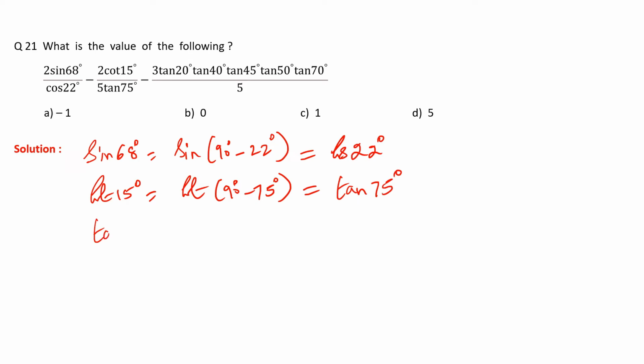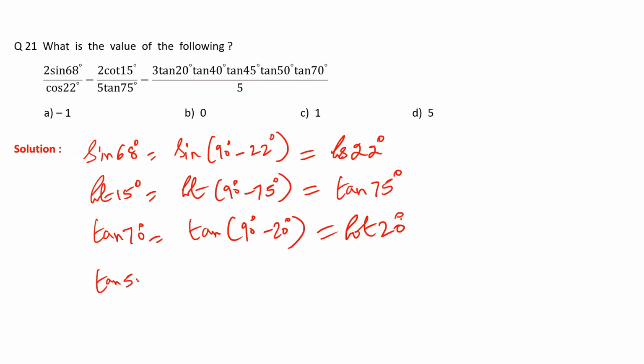Tan 70 degree can be written as tan 90 degree minus 20 degree, which becomes cot 20 degree, right? And similarly, tan 50 degree will become tan 90 degree minus 40 degree, which is nothing but cot 40 degree. Now we know that both tan theta and cot theta are reciprocals of each other.